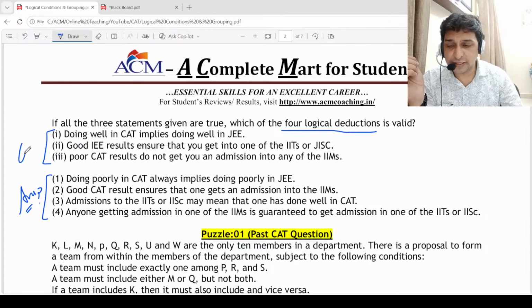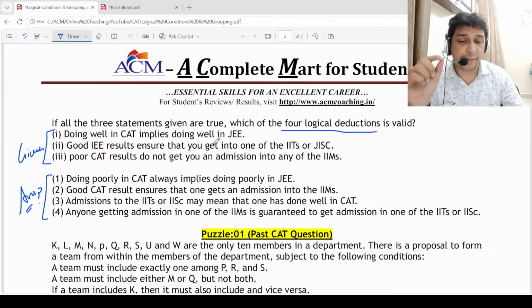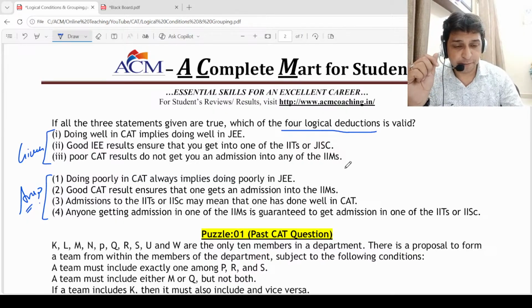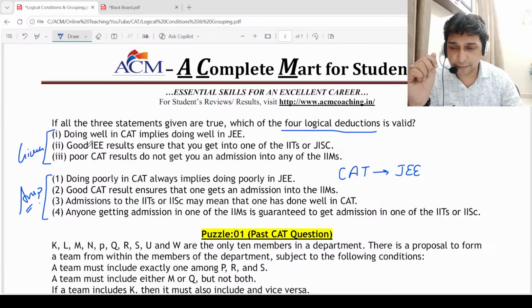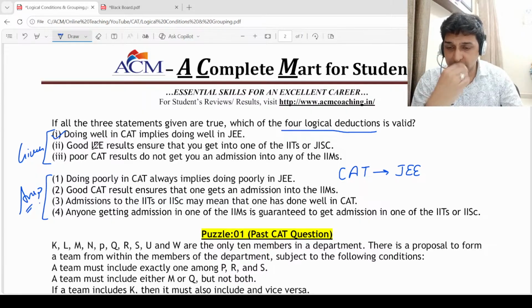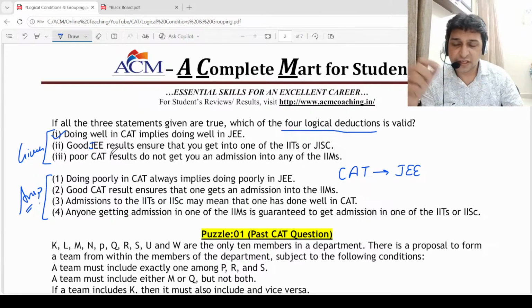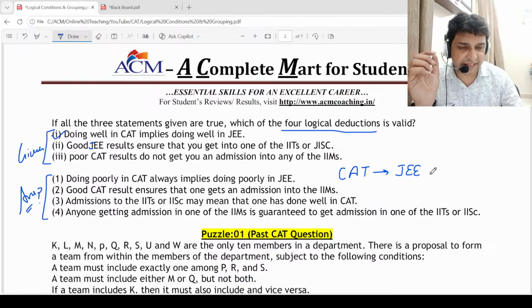So this is given to us. Now, doing well in CAT implies doing well in JEE. That means if somebody is doing good in CAT, their JEE score will also be good. They will be doing good in that exam also. Now, good JEE results ensure that you get into one of the IITs or IISCs.